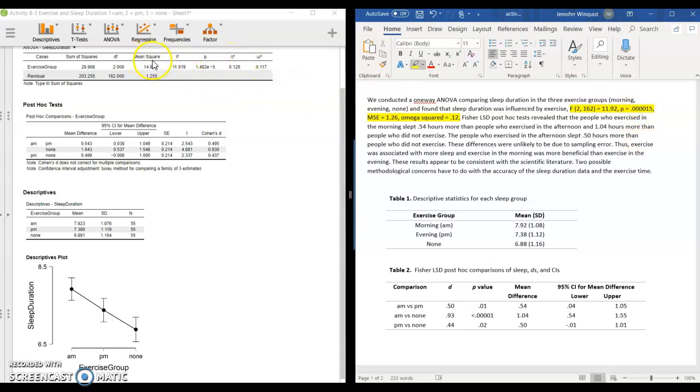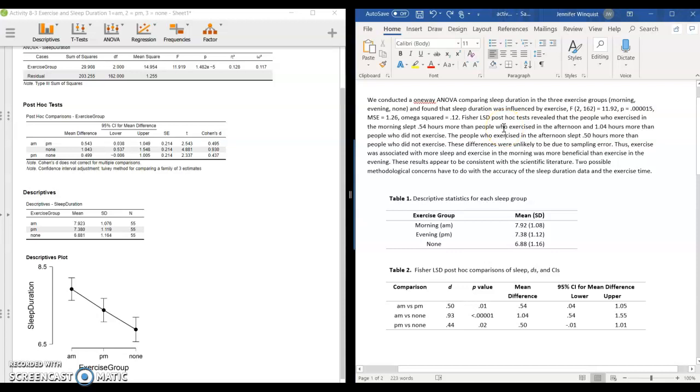MSE is the mean square error, which is mean square residual. It's the 1.26 here. And then omega squared is the last value here in the table, our effect size. So you get those numbers written indicating that there is some effect of exercise on sleep duration.